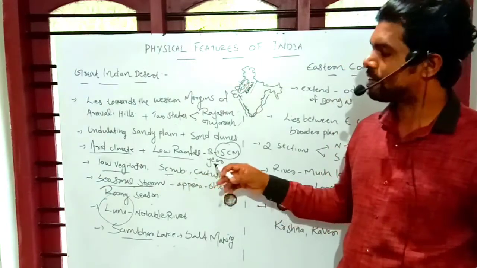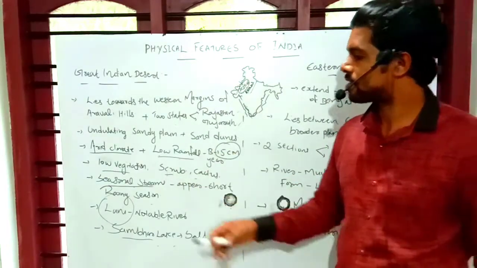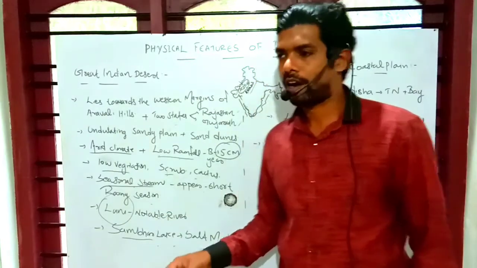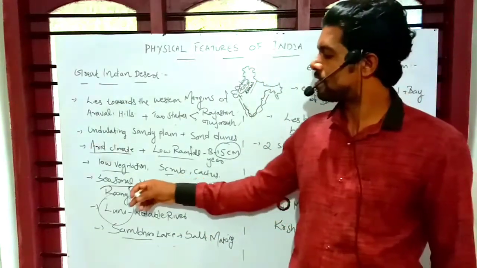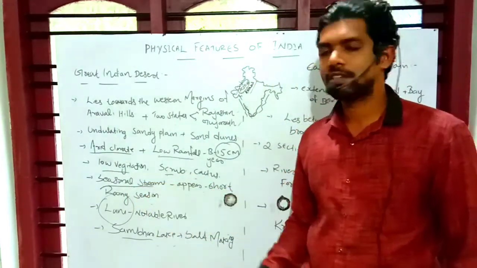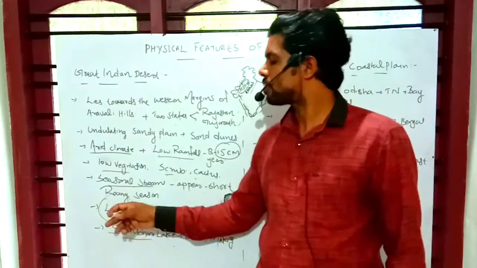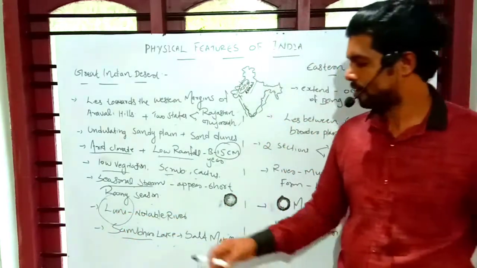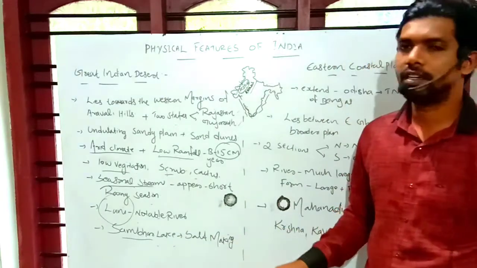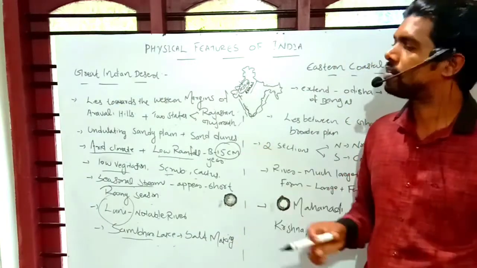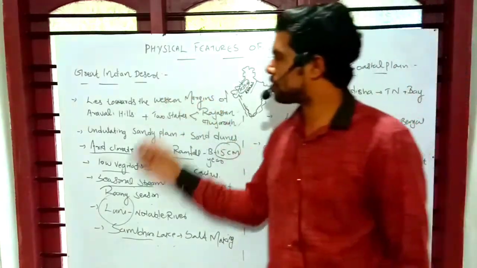Seasonal streams appear and vanish after the short rainy season. Luni is a notable river, and Sambhar Lake is the salt making lake. So that's about the Great Indian Desert.